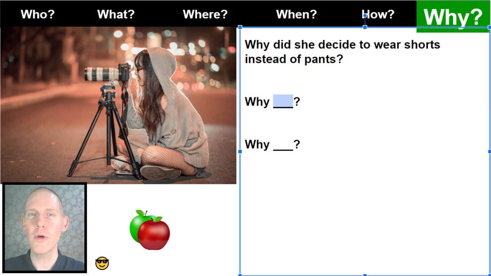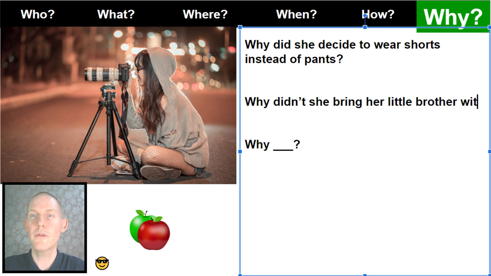Any other why questions? Let's see. So I said, why did she decide to wear shorts instead of pants? Let's see, why didn't she bring her little brother with her?